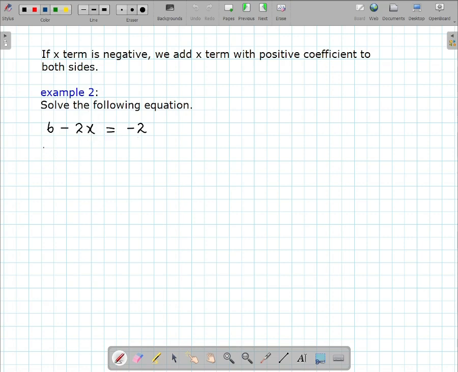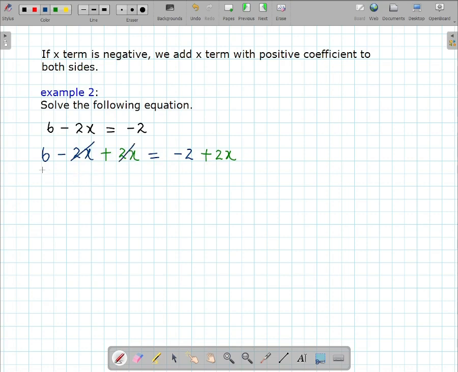So I write 6 minus 2x add 2x equals minus 2 add 2x. Then you can see minus 2x plus 2x gone.